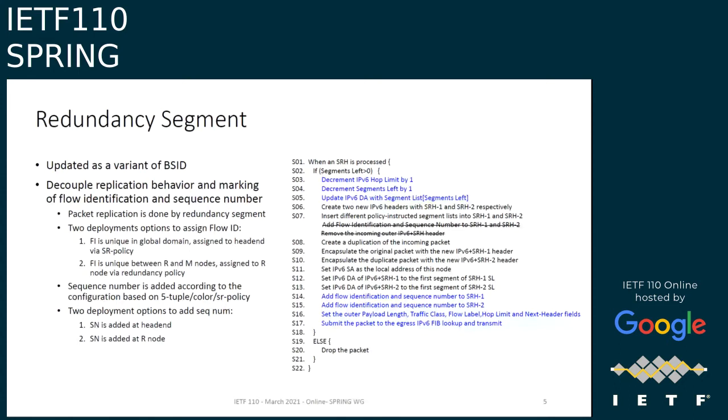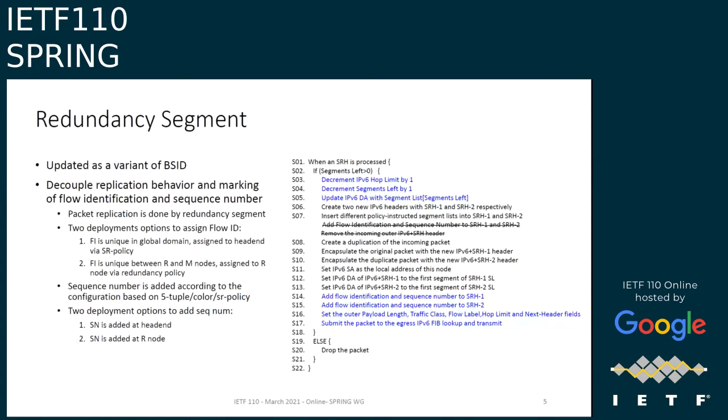Another big change is that we decouple the replication behavior and the marking of the flow identification and the sequence number. We think that these two behaviors, one is the replication and the other is the marking, are not necessarily bound together, but it depends on the deployment choice. I give examples of the two choices in the later slides.